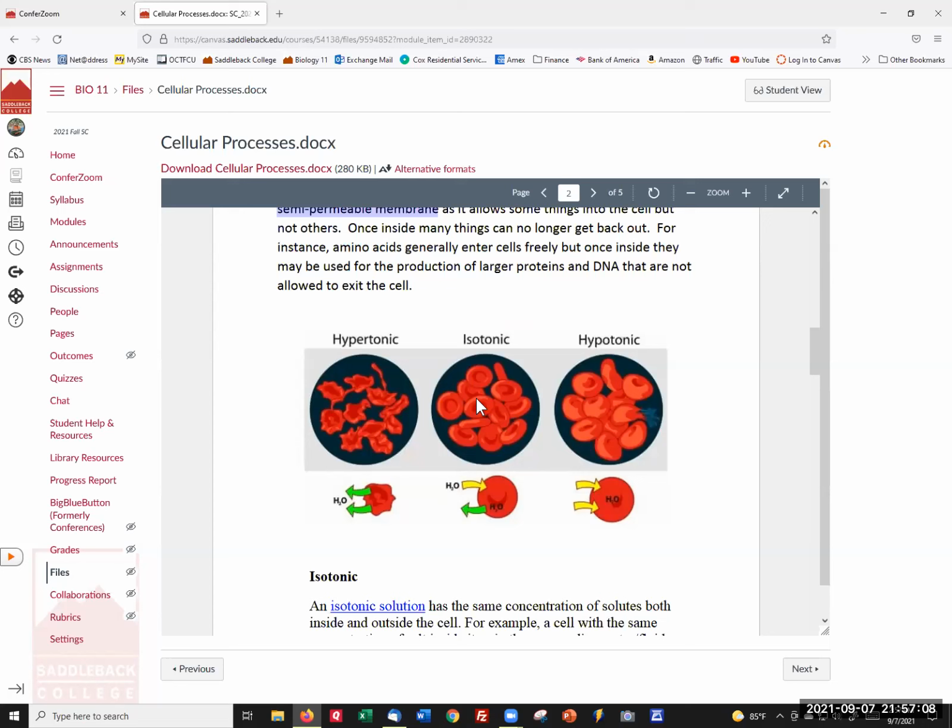Isotonic, no change. Hypotonic solution. Hypo means less strength, less solute out here. But that then means more water. If there's less solute out here, there's going to be more water. Less solute means more water. And the water is going to rush into the cell.